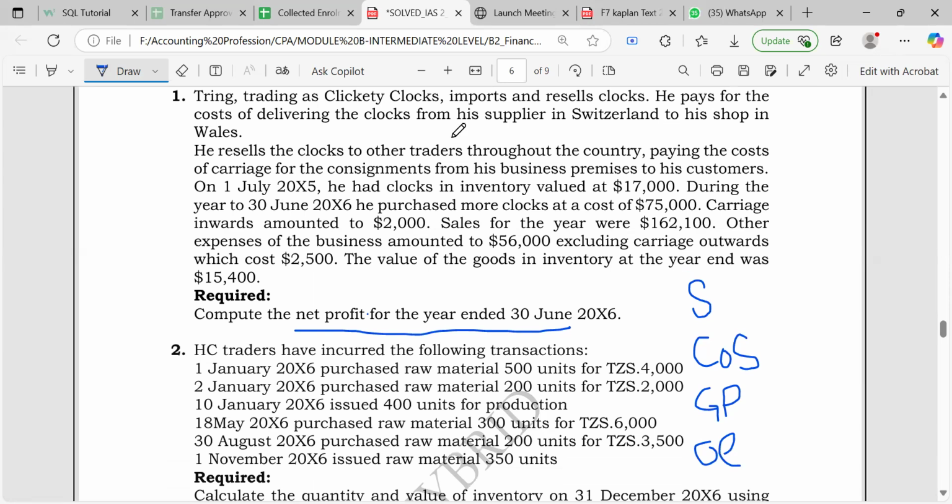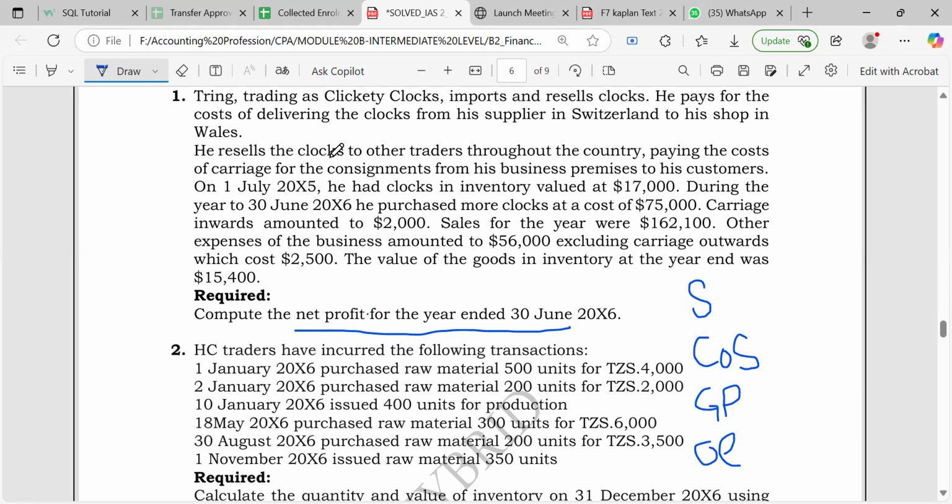So here we are told the trader is dealing in clocks: he imports and resells clocks. He paid for the cost of delivering the clocks from his supplier to Switzerland, and in Switzerland to his shop. That is carriage inwards, so that forms part of cost. If he bought the goods for $10 and paid $5 for transport, that makes a total of 15.